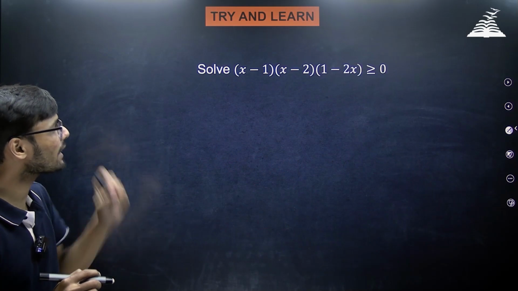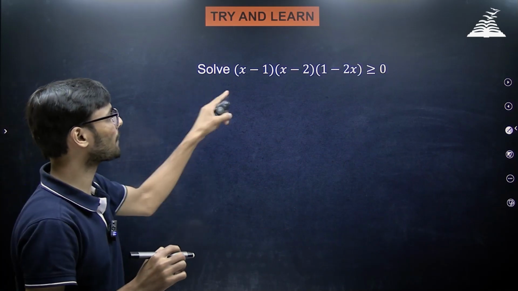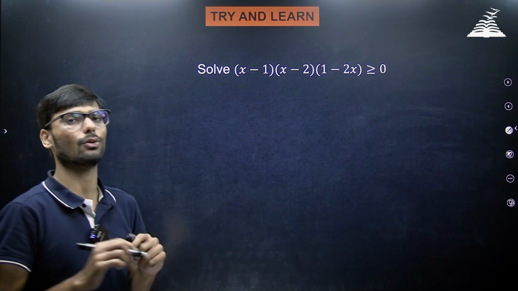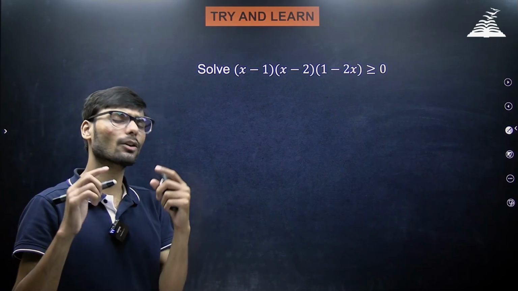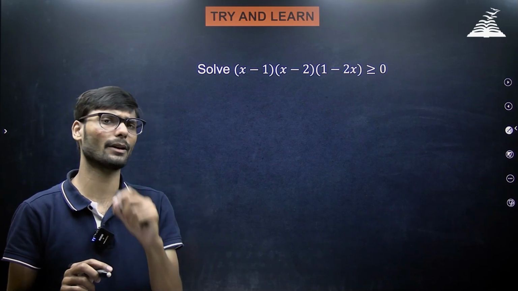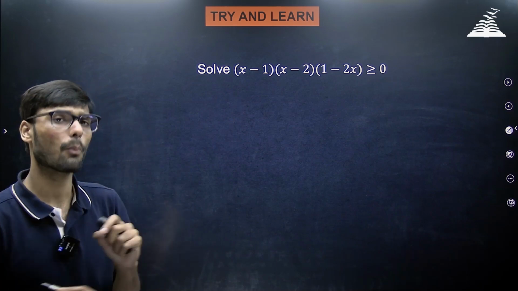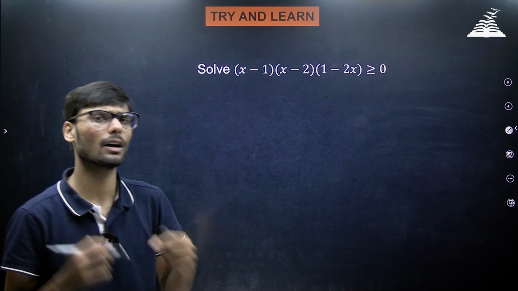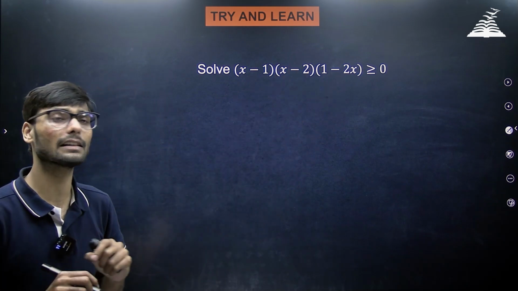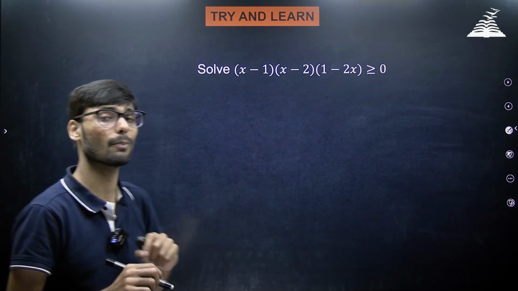So the first one in the list is, we need to solve (x minus 1) into (x minus 2) into (1 minus 2x) is greater than or equal to 0. The first step is that the coefficient of the highest degree of x in each expression must be positive. x minus 1 is positive. x minus 2, again positive. But in 1 minus 2x, the coefficient of x is negative, it is minus 2.